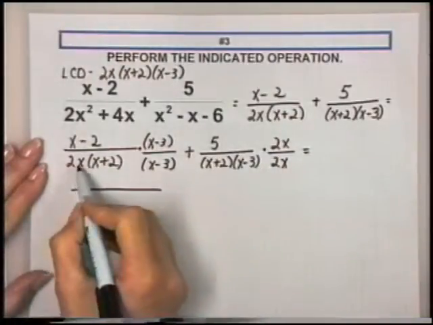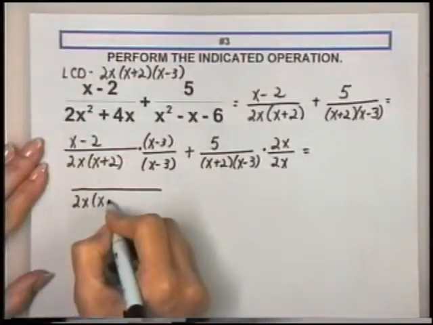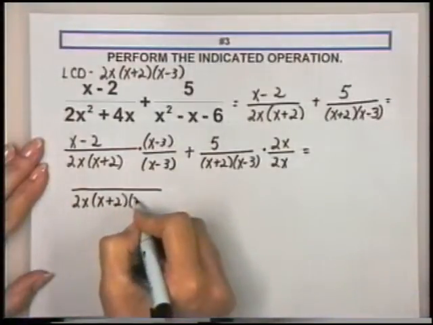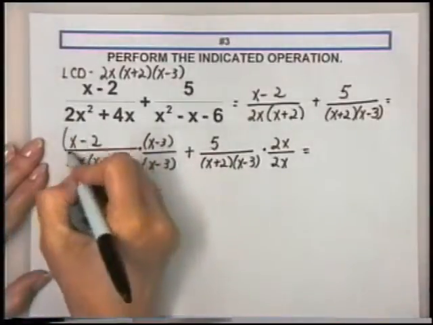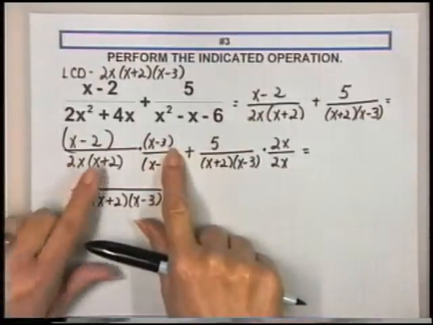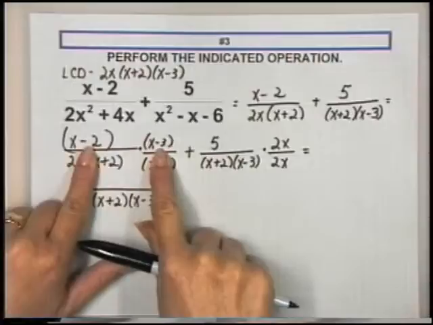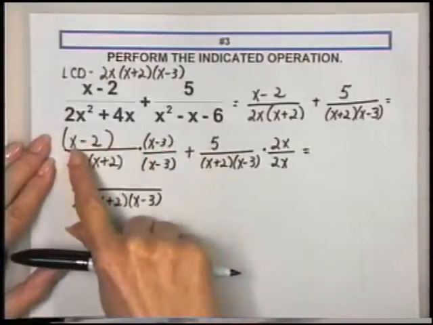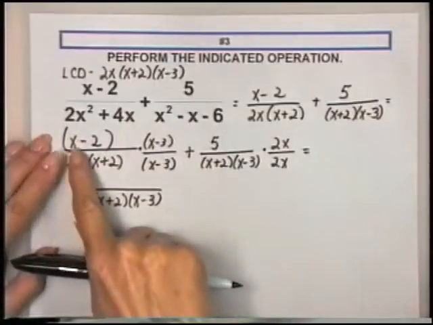Let's multiply out the numerators. Let's write the denominators in factored form. On the first fraction, I will write the 2x, the x plus 2, the x minus 3. In the numerator, I am multiplying x minus 2 times x minus 3. I am multiplying a binomial times a binomial, so I will use the FOIL method.